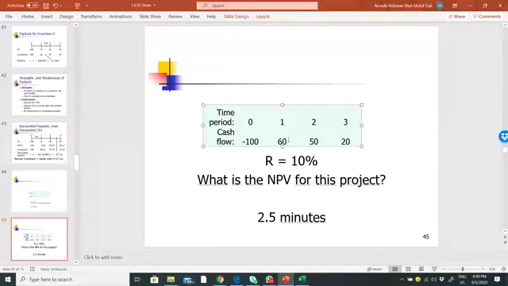Because this is 60, 50 is already more than 100. If you discount this to 1 year, discount this to 2 years, discount this to 3 years, it must be more than 100, I think. Because this is already 110, and 130. Okay, I'm not really sure.